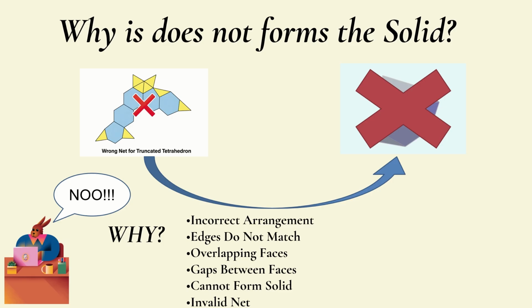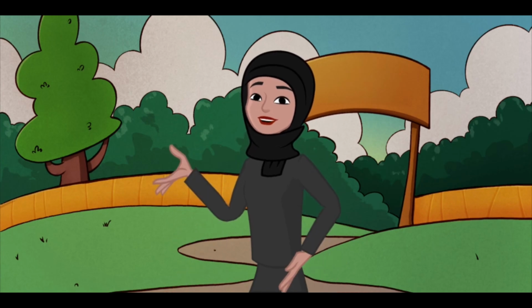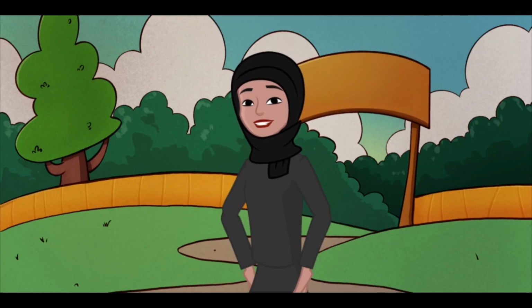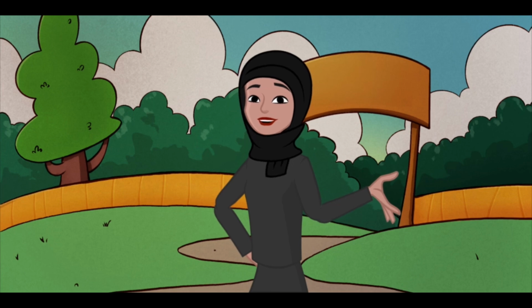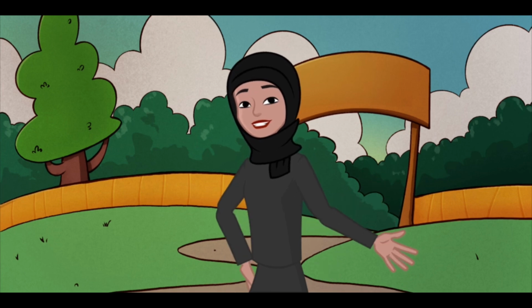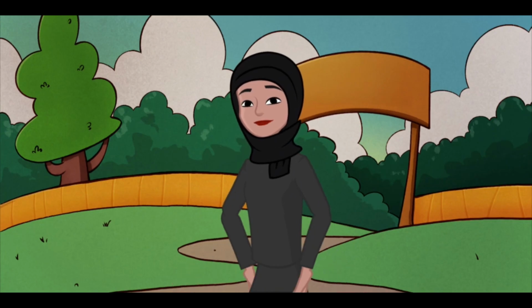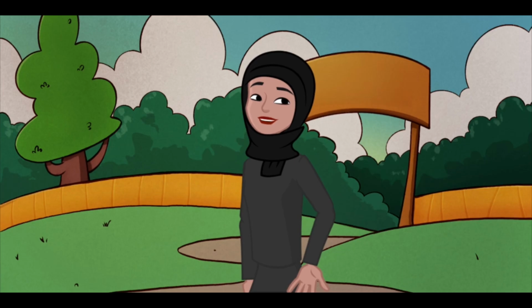In conclusion, this project has helped us gain a clearer understanding of Archimedean solids, particularly the truncated tetrahedron, through both its construction and its nets. By constructing the nets, we were able to observe how the faces, edges, and vertices are arranged and how they connect to form a complete 3-dimensional structure.